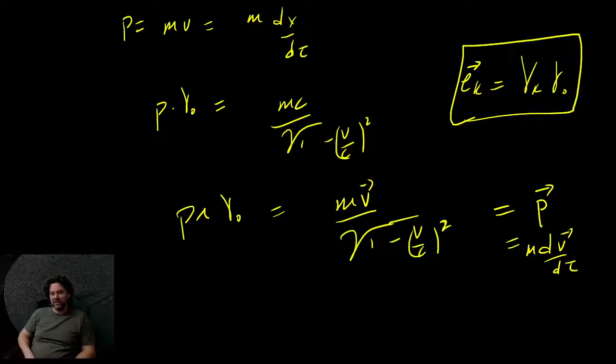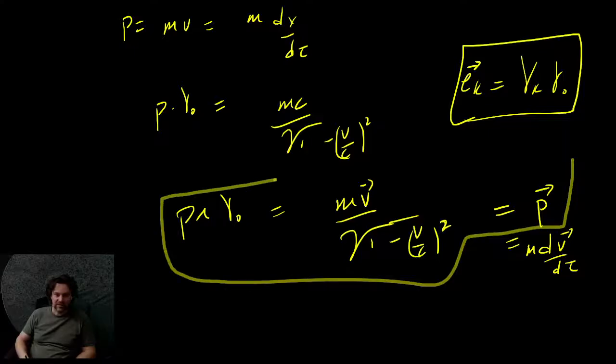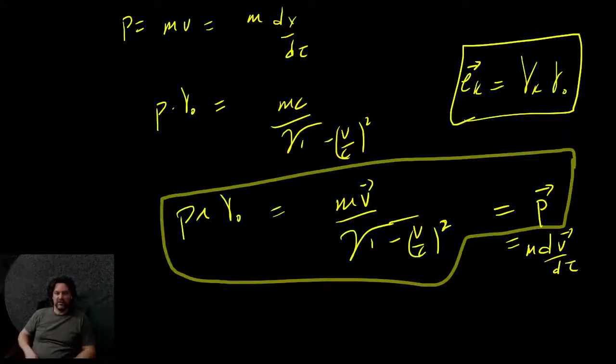So we get the correct relativistic momentum just by virtue of using the Dirac basis, but then wedging with the gamma naught of the frame we're interested in.